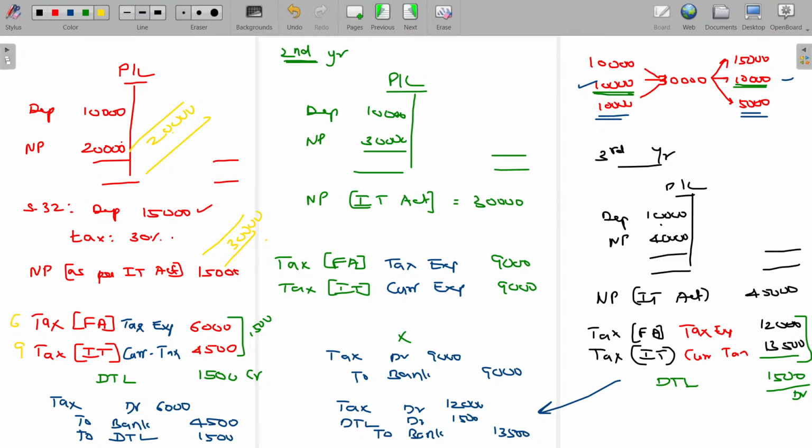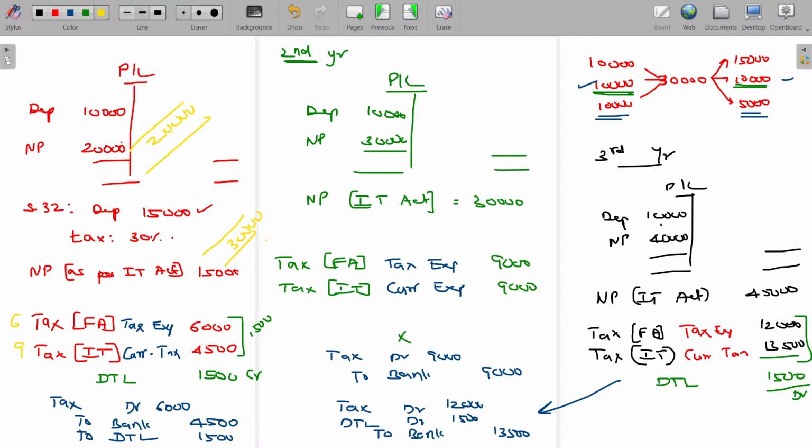When does it happen? Some expenses are allowed to be debited in the P&L account on payment basis. Section 43B. Are you able to recollect? Interest payable to scheduled bank or financial institution is not allowed to be debited if it is not paid within the due date.